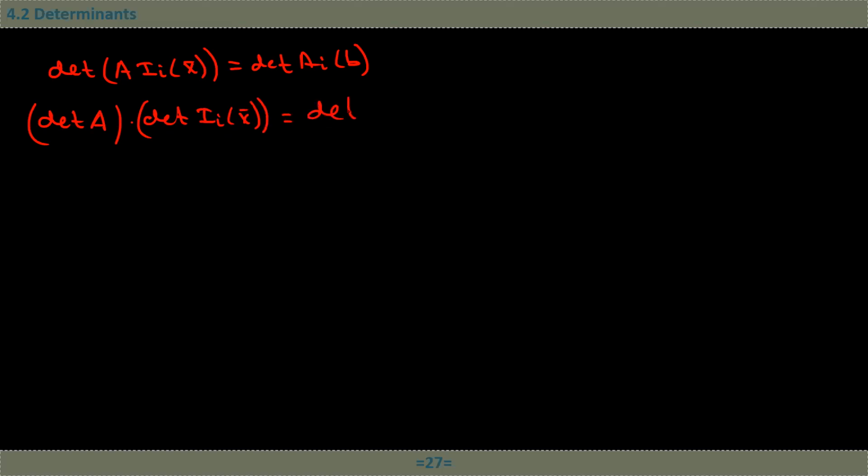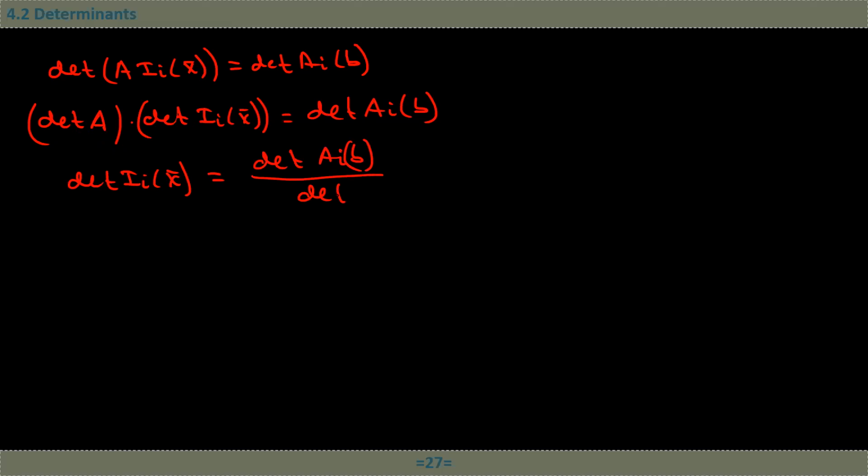On the right-hand side, we have determinant of capital A_I(B). And we know that A is invertible. That means that determinant of A is not equal to 0. So now we can divide both sides by determinant of A. Then I get determinant of I_X is equal to determinant of A_I(B) over determinant of A. Okay.